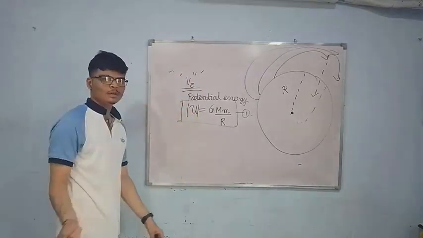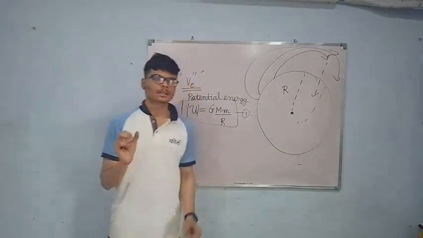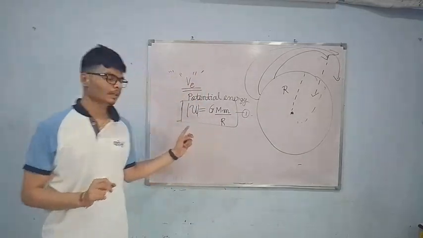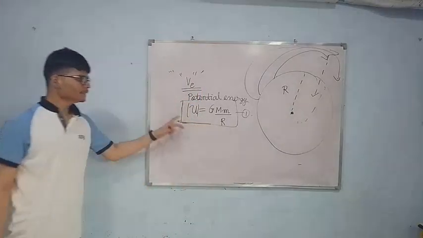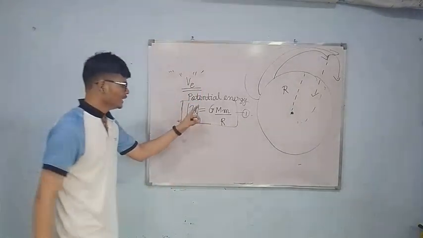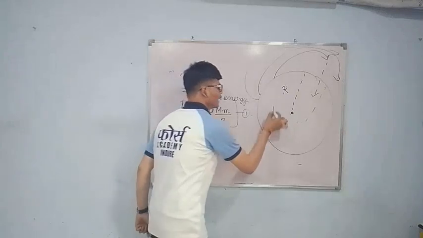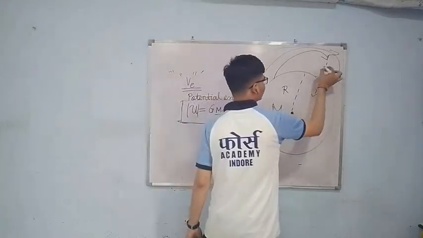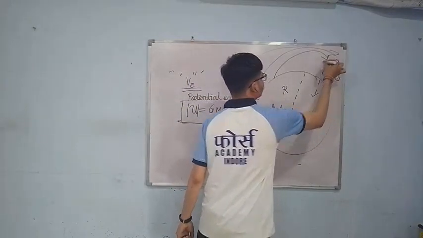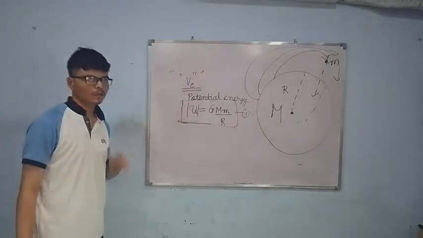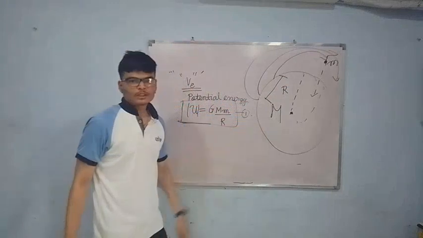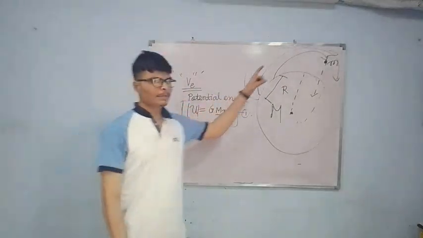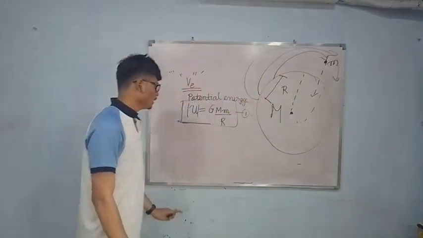So when the object is in hand, the potential energy, mod of U, is equal to GMm by R, where capital M is the mass of Earth, small m is the mass of the object, and R is the radius of Earth.